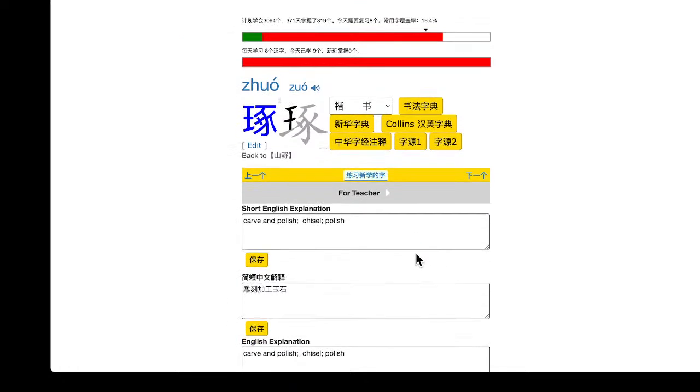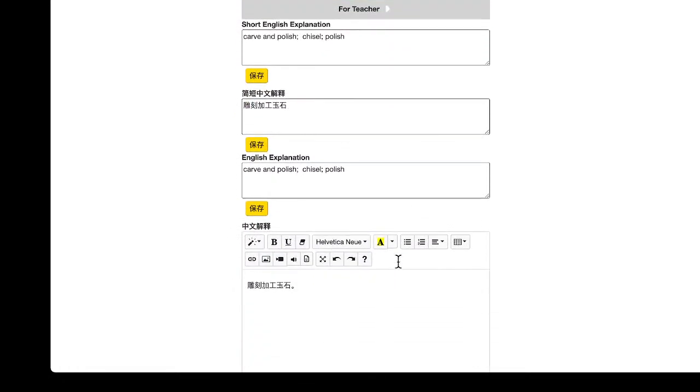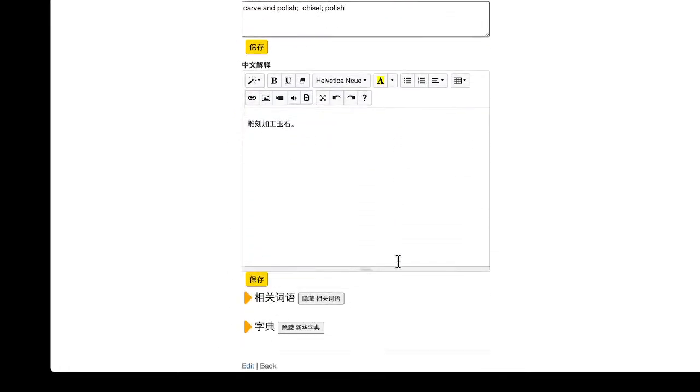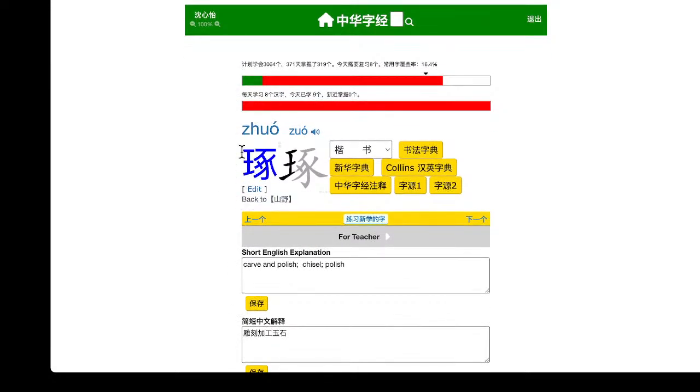Next one, 琢. Now 琢 means carve or polish stone. Chisel, polish jade pieces. And so that's why it goes with the jade radical on the left. And the right is the character 豖.